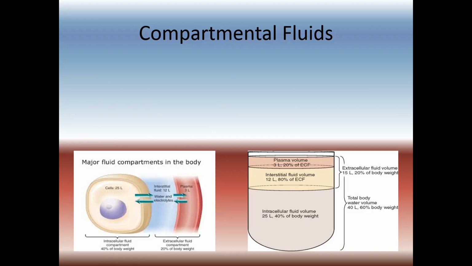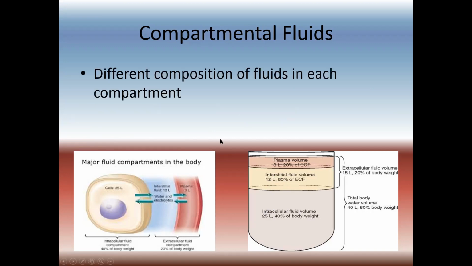The total body water volume is 40 liters. So if you add it up, 25 liters inside of our cell, 12 liters in the interstitial space, and 3 liters in the plasma, that equals 40 liters. So we have about 40 liters of fluid within our body, and that 40 liters of fluid is what constitutes about 60% of our body weight. Now, each one of those compartments has a different composition of fluids.